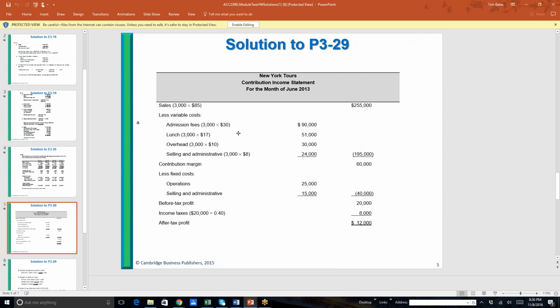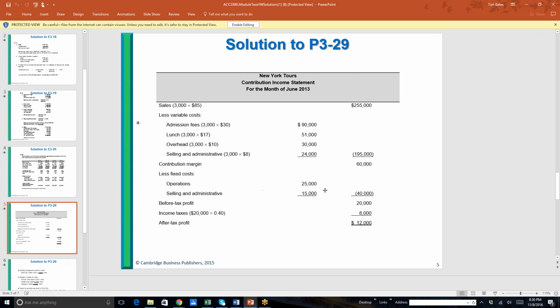I got you. So in order to get those variable costs, you had to take the 3,000 times each one of those, right? Right. So that gave you your total variable cost, and then, of course, gave you your contribution margin, right?